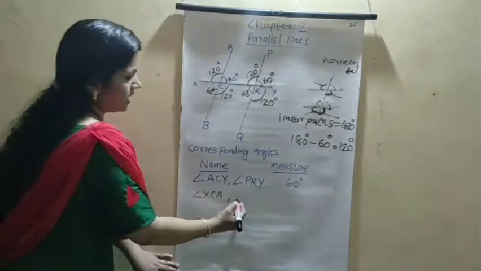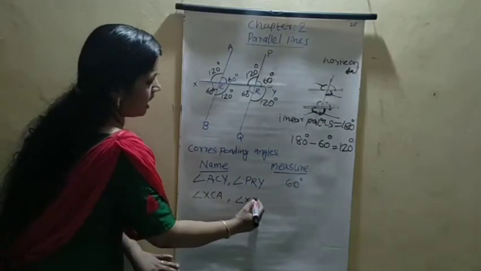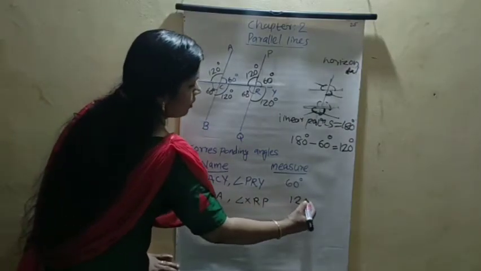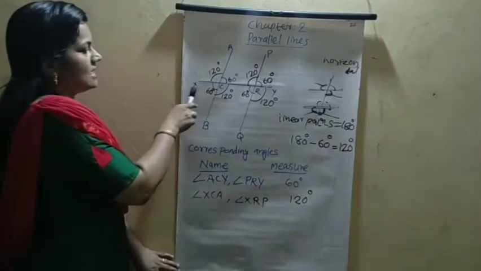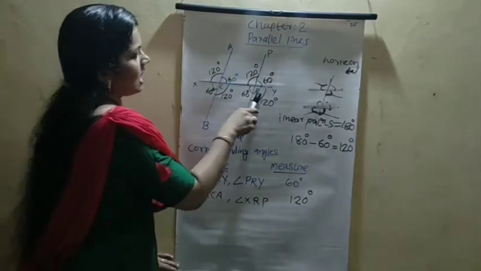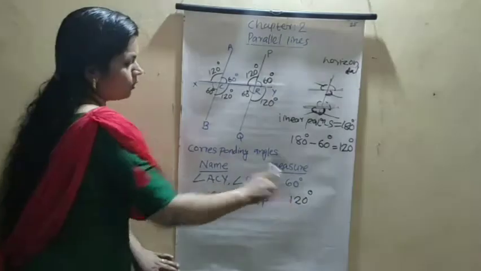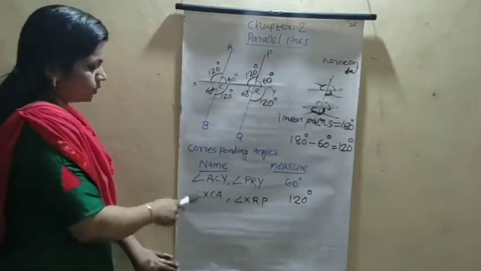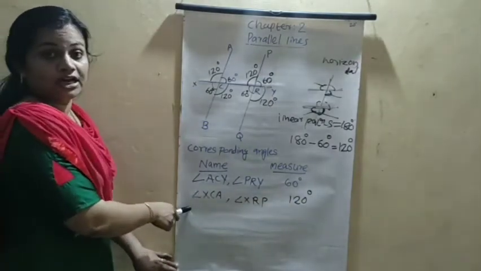Angle XRP is equal to 120 degrees. So XCA and XRP are 120 degrees. So we wrote only two pairs.